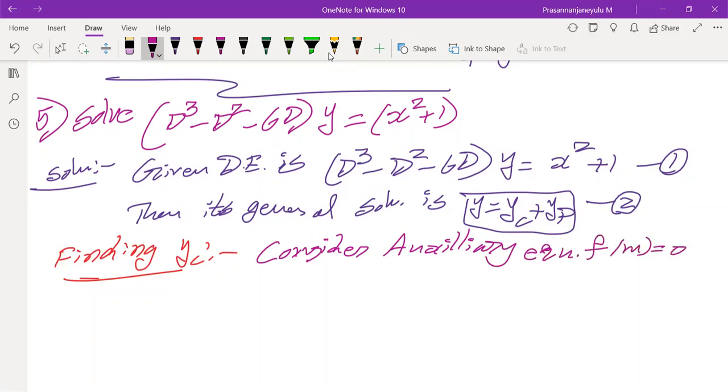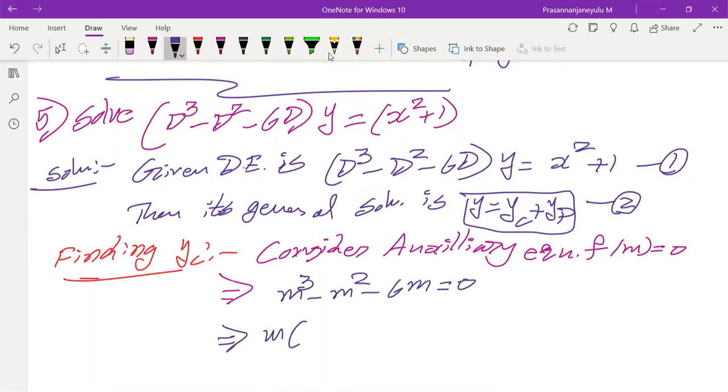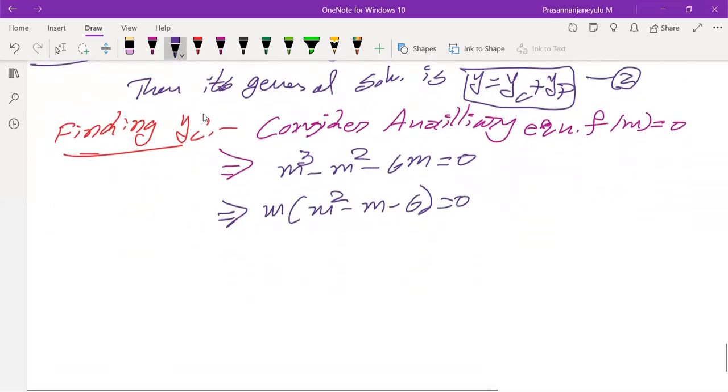If we take this, what is f of m? We are going to get m cube minus m square minus 6m equals 0. With this, can I take m common from all the terms? Then we'll get m square minus m minus 6 equals 0. So here we can identify one root: m equals 0.